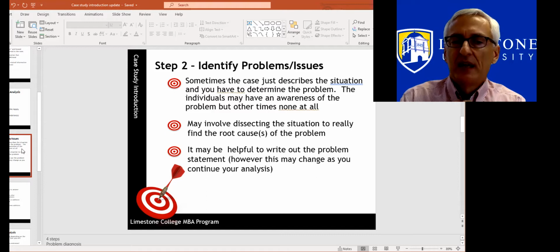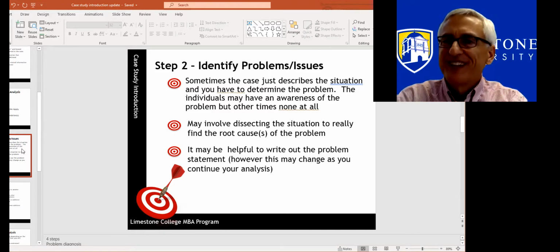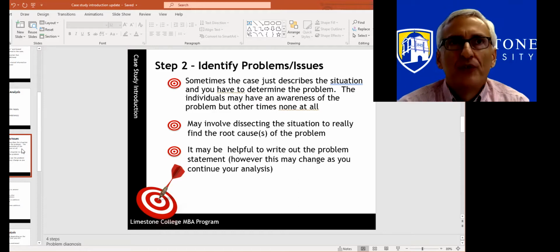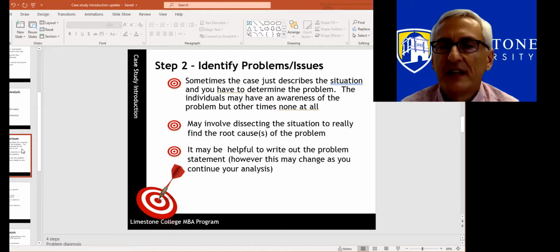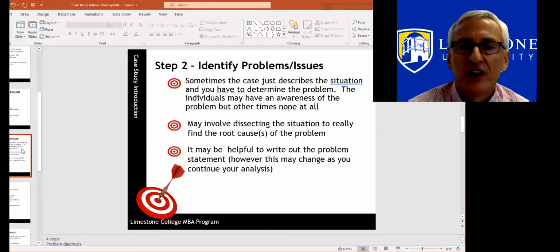And usually you'll interview a bunch of people, or the interview will be written in the case, and people will have a whole bunch of lists of what they think the problem is, or what the retention problem is. And really, retention is a symptom of another problem.